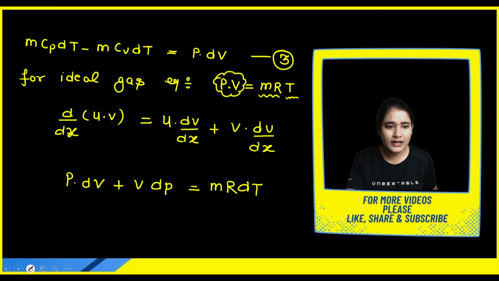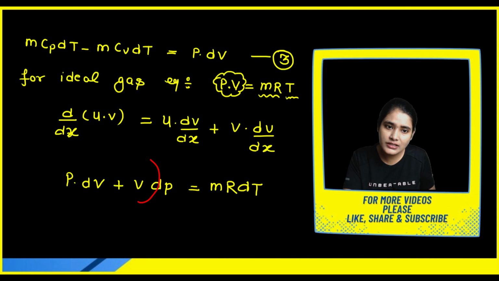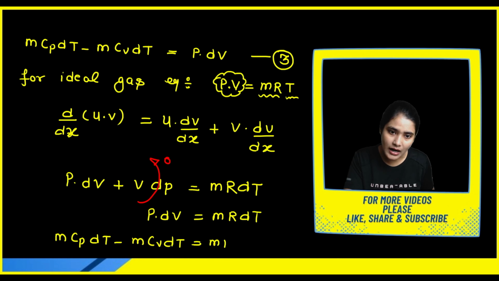For a constant pressure process, the change in pressure is zero, so this term is zero. Then in place of p dV you can put m R dT. Now in equation number 3 put this value, you will get m cp dT minus m cv dT is equal to m R dT.